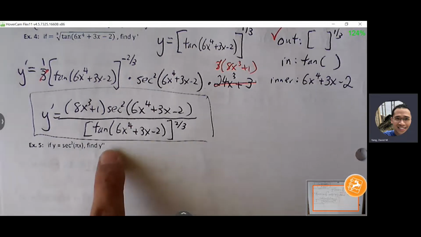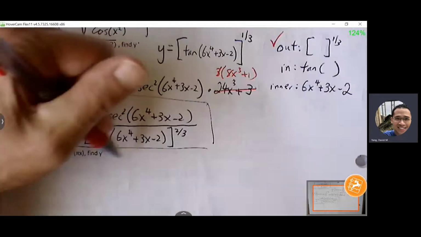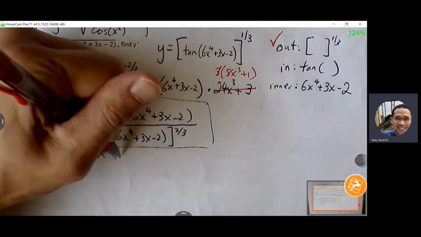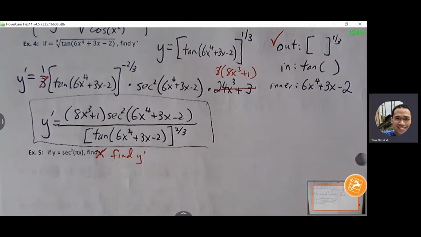Example 5, we're just going to find y prime. I know it says y double prime, but y double prime is a little bit too much for us right now. We're just going to find y prime. But I do want you to put a star next to it.